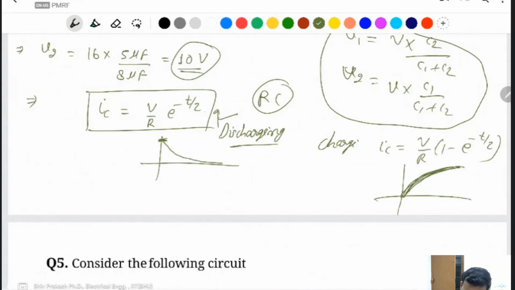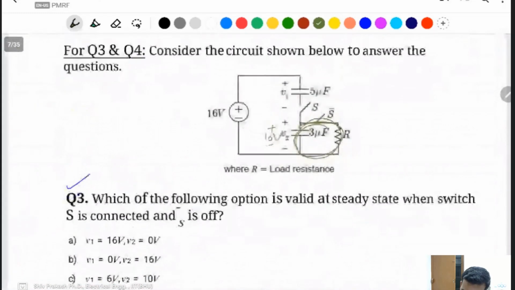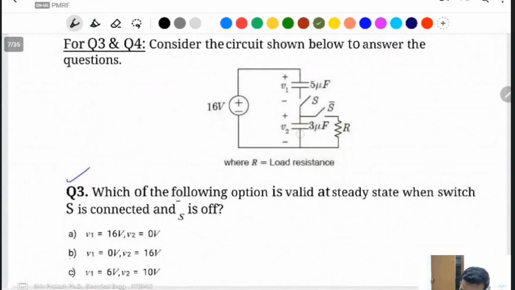After the switch is on, it will be discharged, and at steady state the current will be 0. And what is tau? Tau is the time constant of this circuit. Because the resistance is connected across this capacitor only, you can take the time constant as R C2 only.